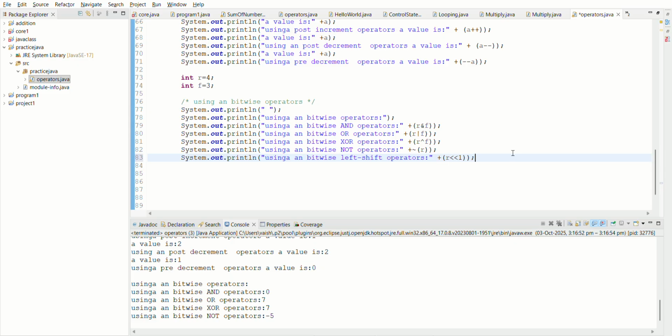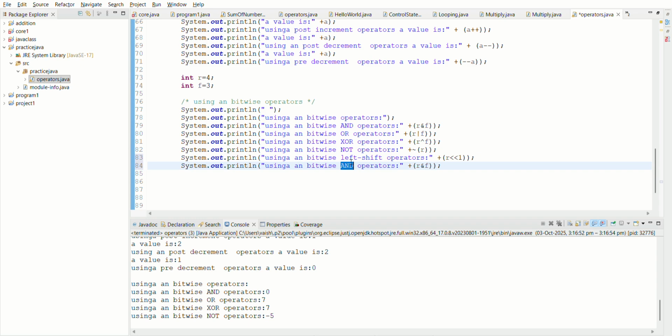This is left shift. And the next one is right shift, which removes the bits from the right side and divides by 2. In the left shift it adds zeros to the right side and multiplies by 2. In the right shift it removes the bits from the right side and divides by 2. So left shift multiplies by 2, right shift divides by 2.